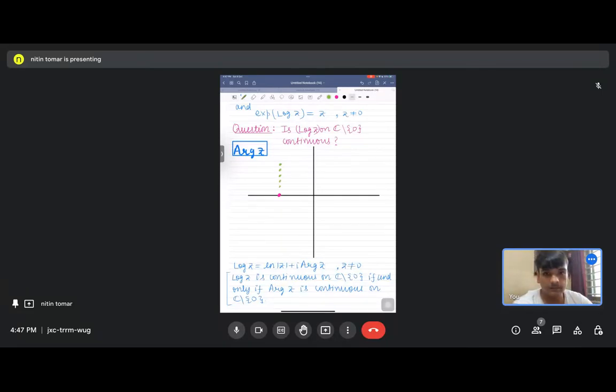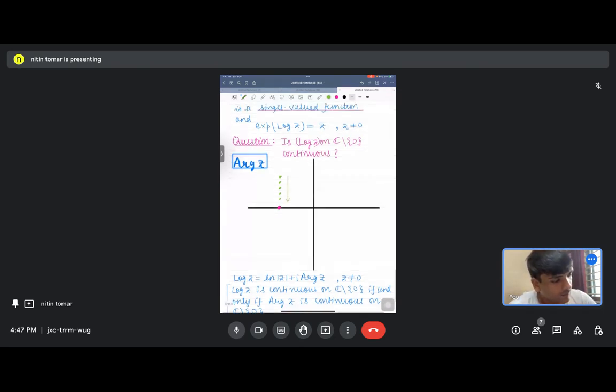Yes, sir. Just a minute, I think my screen has frozen. Yeah, now it works. So let this point be, let's say, W, and this sequence be alpha n, because it is in the second quadrant.